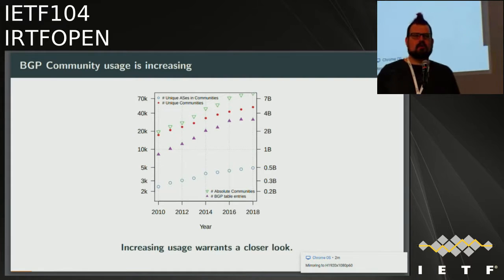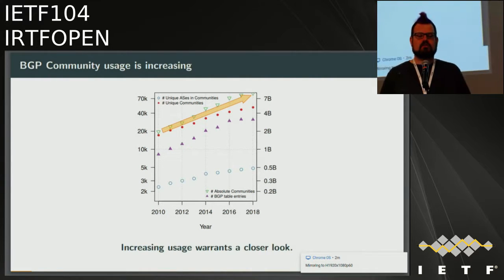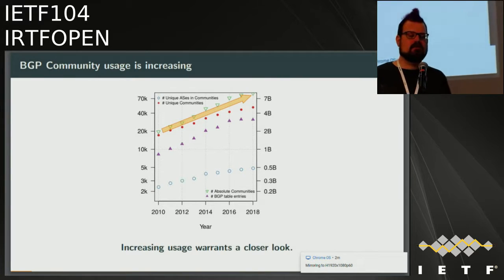So we were looking at BGP data that we collected, and if you follow this development, you see a large increase in the use of BGP communities. Over the last 8 years, we have seen more than a 296% increase in individual values in BGP communities.